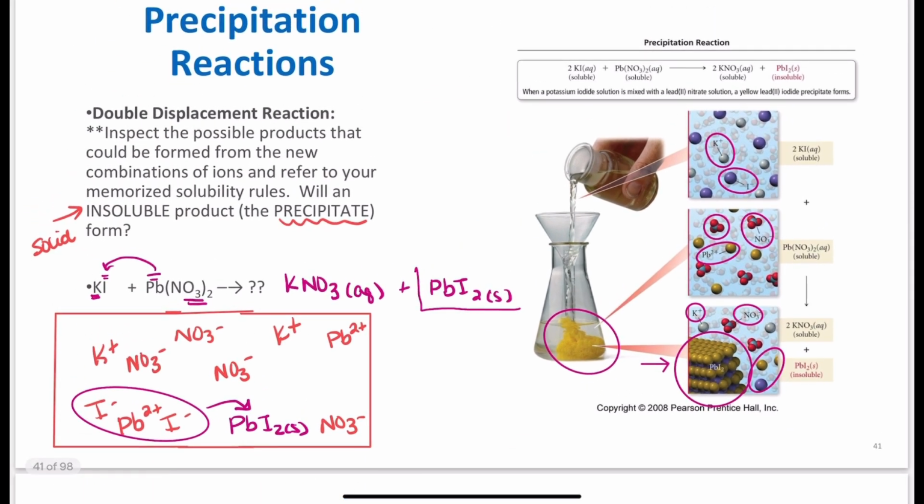Again, I can predict this because I know my solubility rules, and I know that the formation of this is the driving force of the reaction: the formation of my insoluble salt.